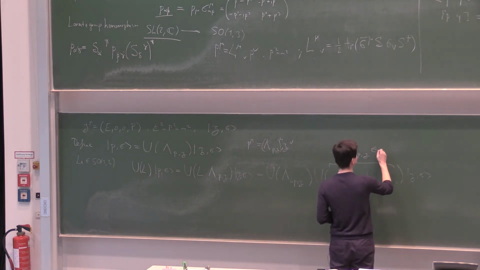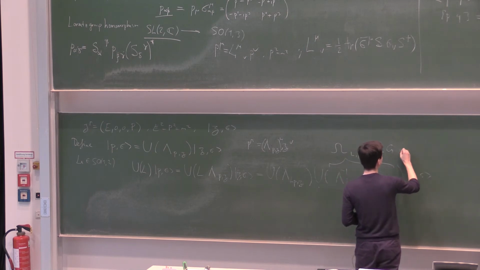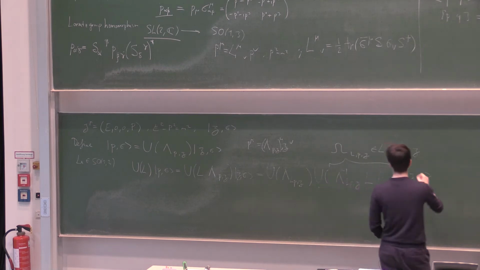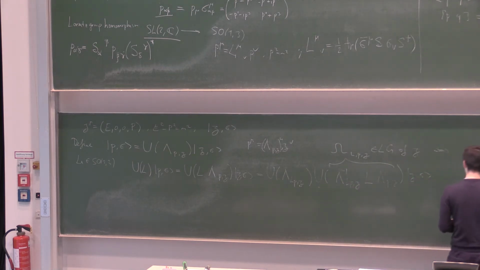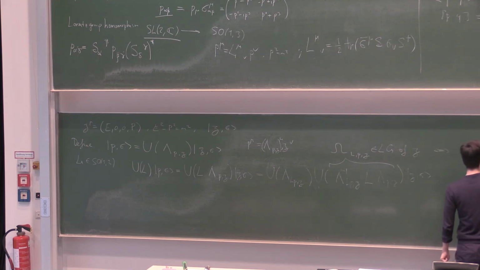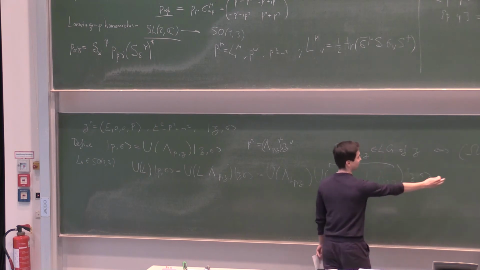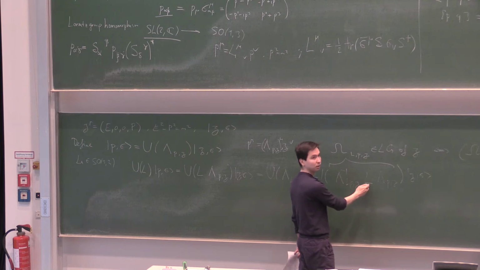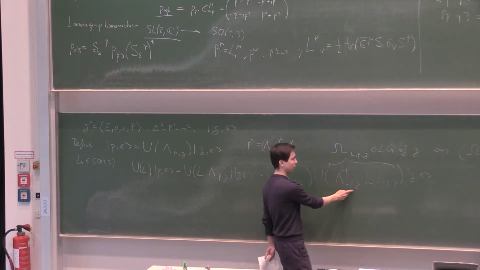But the point of this is that this is something that belongs to the little group of momentum zeta. So when I say that, I just mean that this transformation acting on zeta gives you zeta. And of course it does, because first what you do is you boost to p, then you transform p by L, and then you boost back from Lp to zeta.